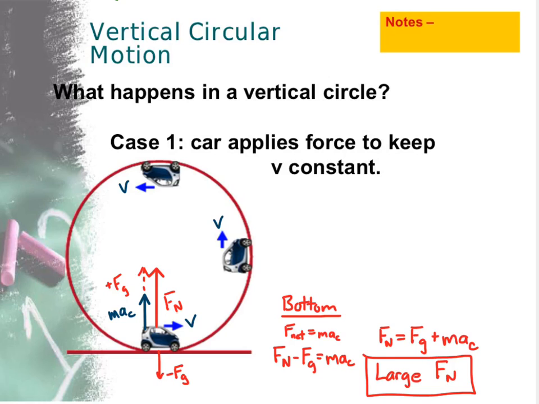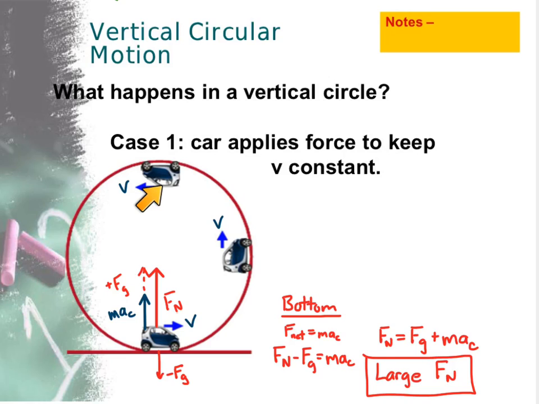Up until now we've been used to just motion horizontally, but once this car enters the loop-the-loop, it needs a larger normal force than gravitational force. So be very careful about that when we start solving problems involving loop-the-loops.